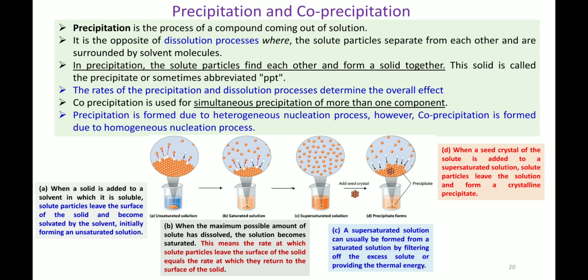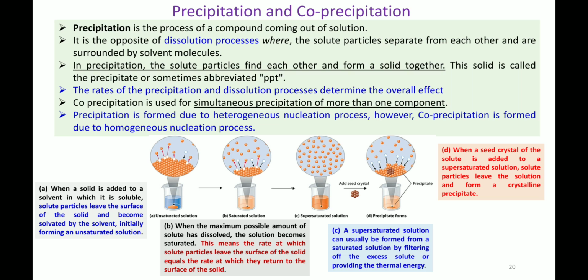If you put some solute in the solvent, you will realize that the solute slowly starts to get dissolved in the solvent. This situation is shown in the first stage of the schematic image, represented with the label A, and we call this an unsaturated solution.